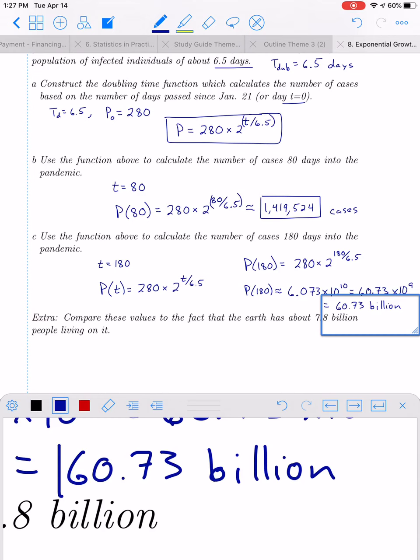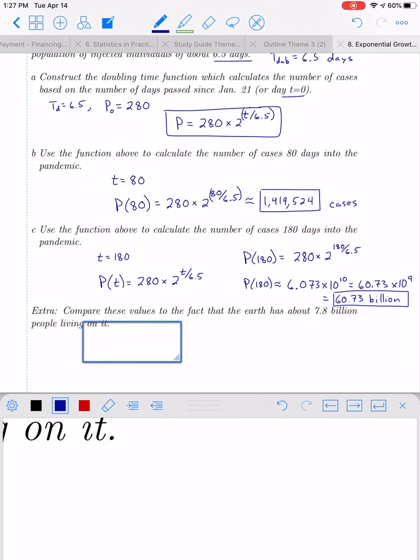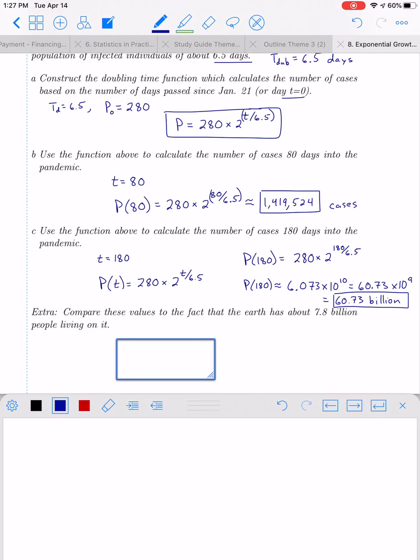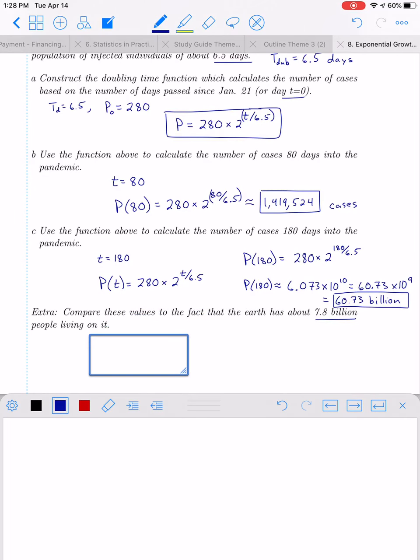So sure, that's accurately calculated from this model, but we might note that something does not quite make sense, and that's always important with one of these mathematical models that we'll use, is it doesn't always reflect reality. In this situation, the extra bit here at the bottom says, compare these values to the fact that the Earth has about 7.8 billion people living on it.